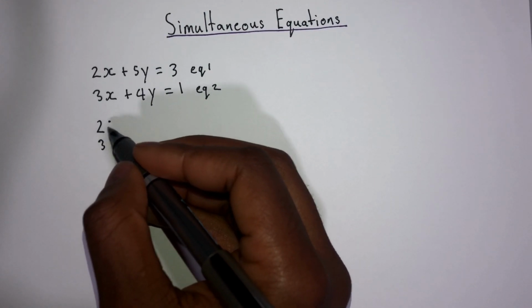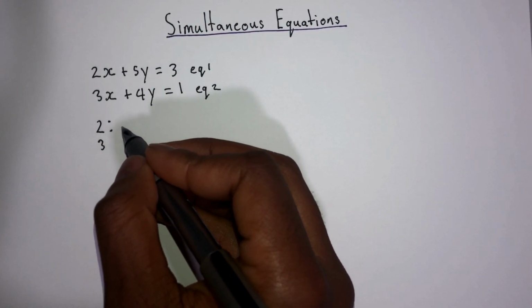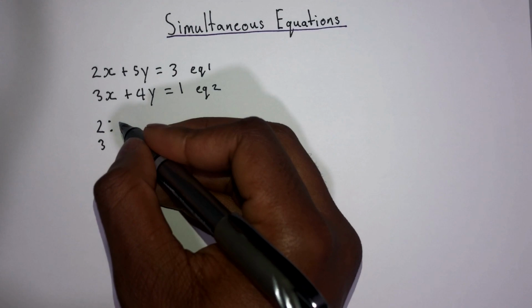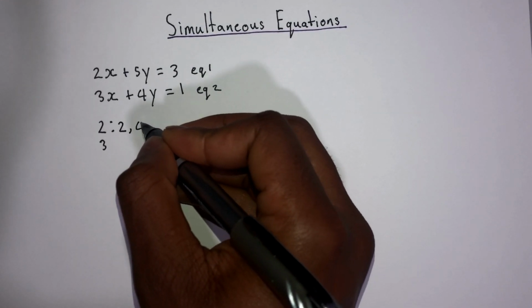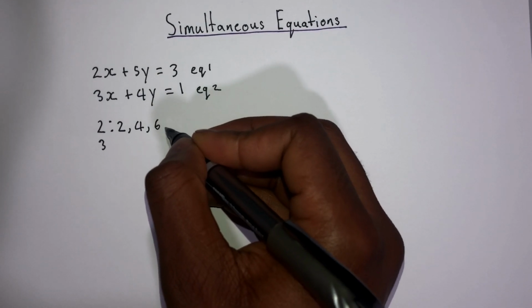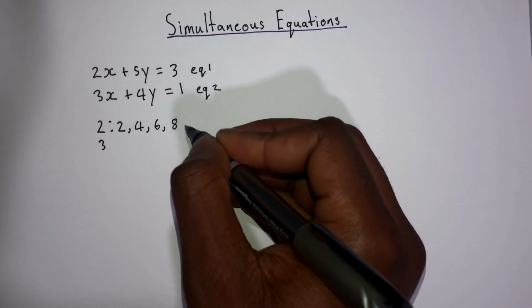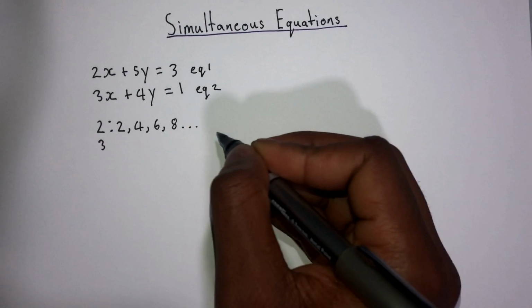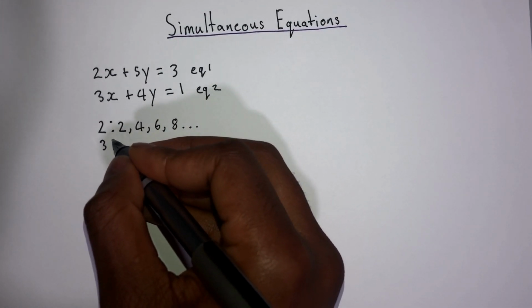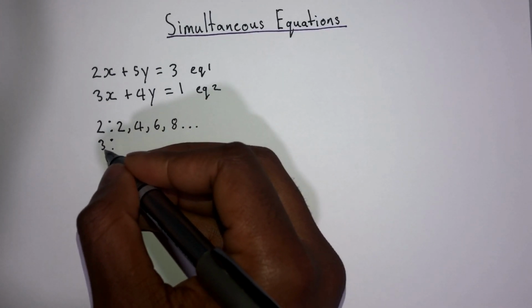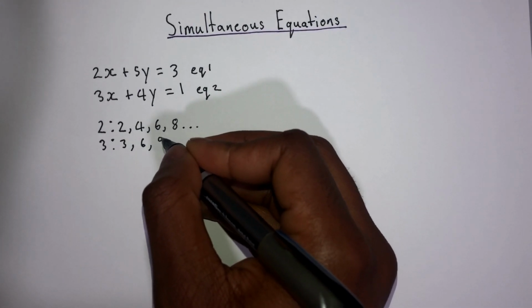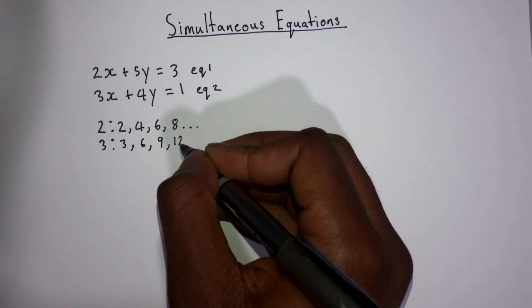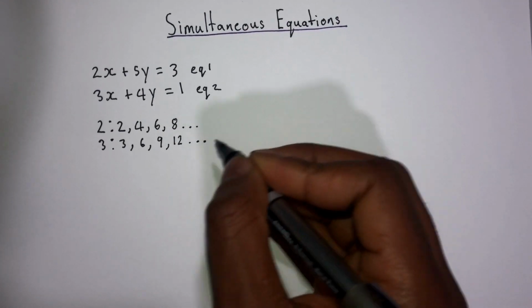So let's write the multiples of 2. Multiples of 2 are 2, 4, 6, 8, and we can go on. The multiples of 3 are 3, 6, 9, 12, and we can go on.